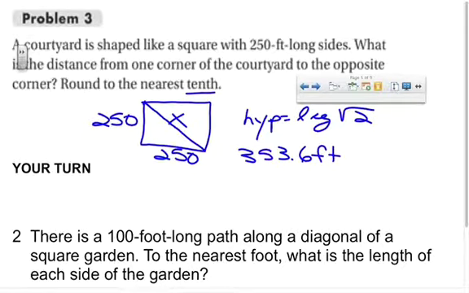Yes, ma'am. Oh, be careful. Please understand. I'm not multiplying 2 times 250 in my efforts to simplify. I'm taking the square root of 2 and multiplying it by 250. Oh, okay.